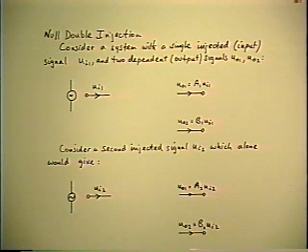But what you normally do is you apply a single signal to the system, and you measure a corresponding dependent signal, which you call the output. And the ratio of the output to the input is the gain. But more generally, the ratio of any dependent signal to a single independent signal is a transfer function.